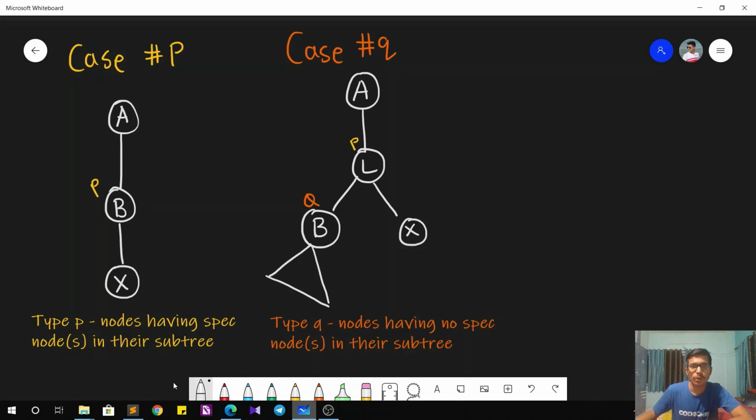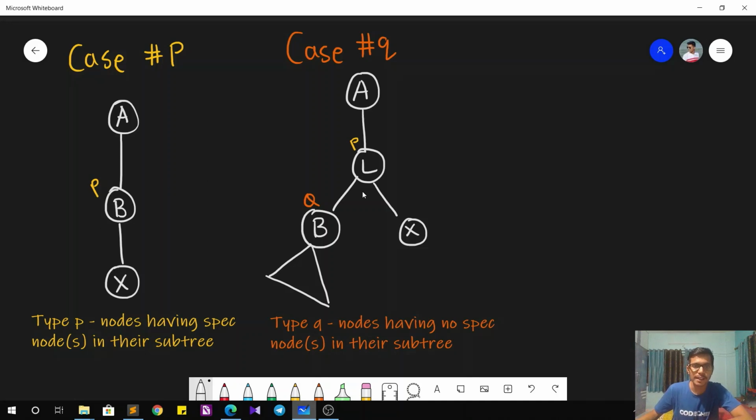The two cases or the two types are as follows. First one is type P, that is the nodes having special nodes in their subtree. So you can see on the left hand side in the diagram, this B node is of type P because there is a node X that is a special node somewhere in its subtree.